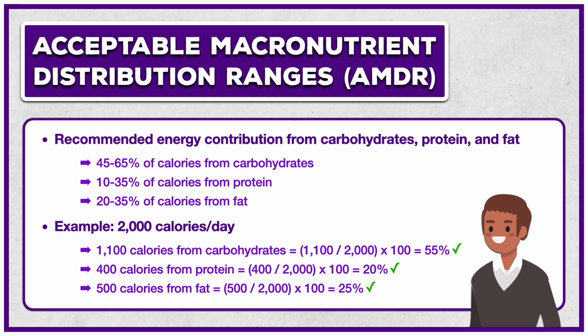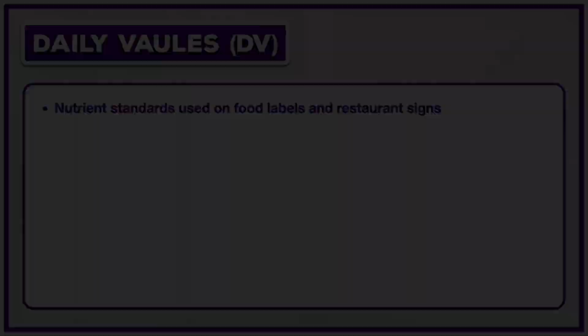In this case, we see he falls within the recommended ranges. This doesn't tell us anything about the quality of his food choices, but it does suggest his diet is well balanced, with no overemphasis on one macronutrient at the expense of the others.